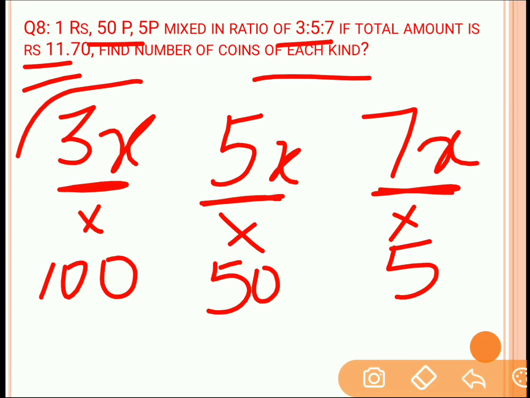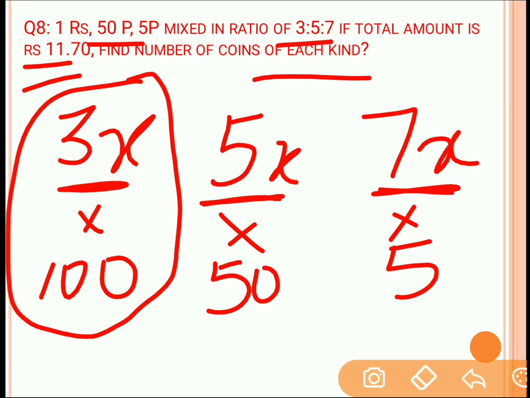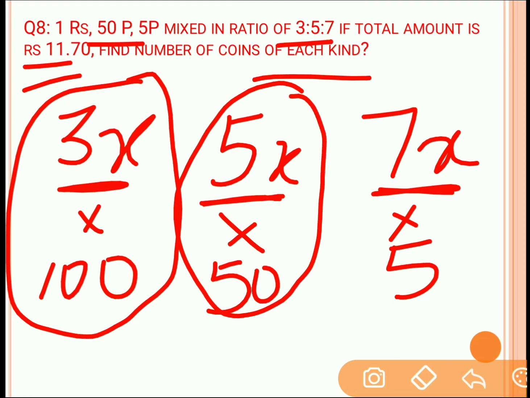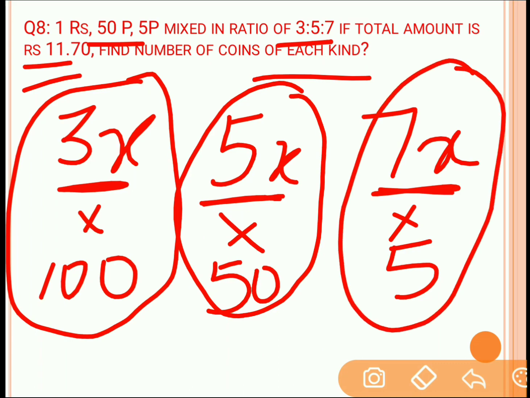Now we have the value of all the coins. The value of all the 1 rupee coins is 300x paisa, the value of all 50 paisa coins is 250x paisa, and the value of 5 paisa coins is 7x into 5, which is 35x paisa.